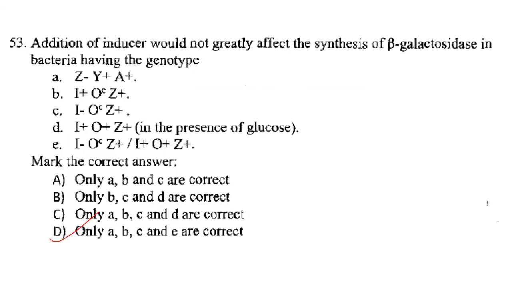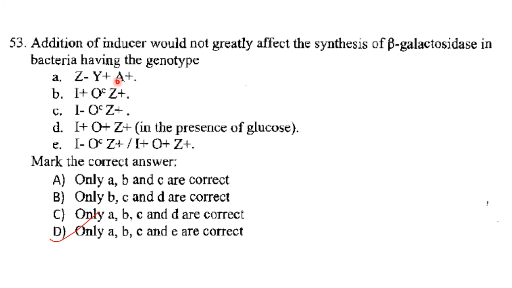Then next one. Addition of inducer would not greatly affect the synthesis of beta-galactosidase in bacteria having the genotype. So mark the correct answer. Okay. So we will take the first case, Z minus Y plus A plus. If you add inducer, it should not greatly affect the synthesis of beta-galactosidase.